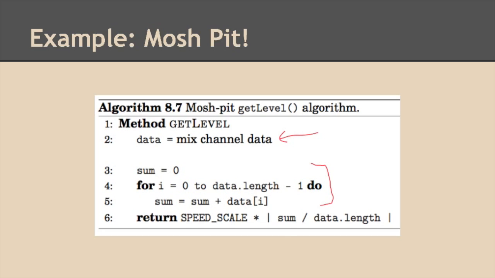Then we're going to divide that by the length of the array to produce an average. Take the absolute value so that we don't end up with a negative number. Multiply by our speed scale, which we had to find out via trial and error, basically. And that will give us a new speed value that we can use for the concert goers, sort of their maximum speed that they can move in a random fashion.